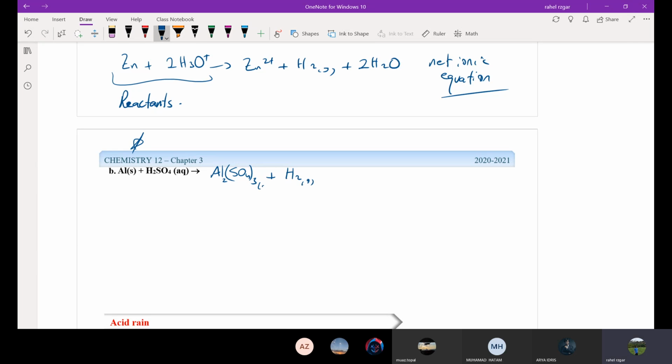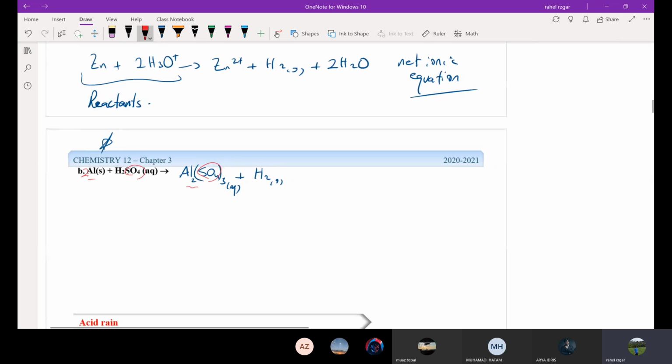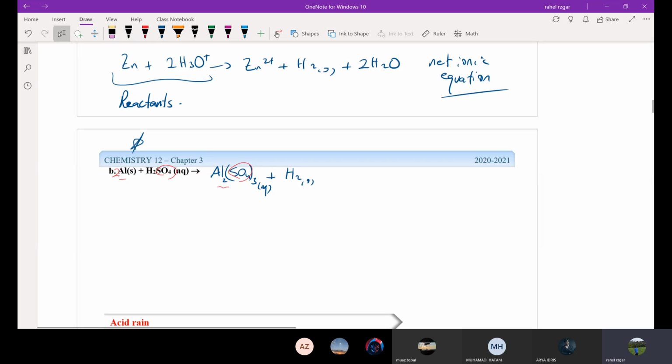Is this soluble? Yes, it is soluble. Let's balance everyone. We have 2 aluminium here, we have 1, so we add 2 here. We have 3 sulfate. When you balance it, please don't forget, if a polyatomic ion remains the same on the reactant and product side, you can balance it together.